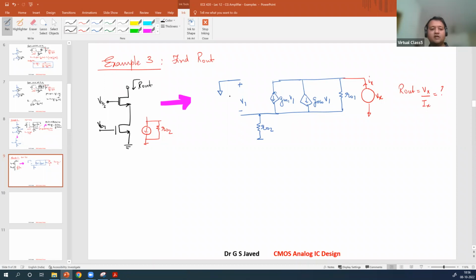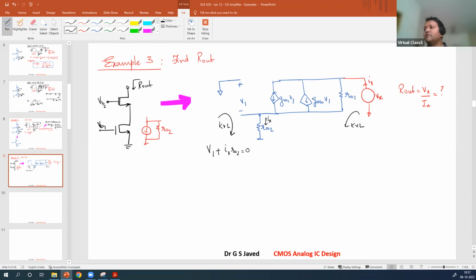We'll apply KVL here. KVL will give you this V1 plus Ix flows here, Ix also flows here, Ix RO2 equal to 0. This is one equation.